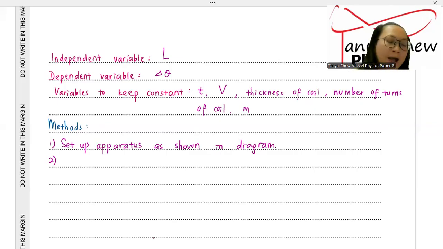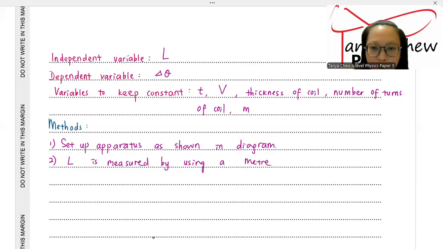How are we going to measure L? I put L because L has already been explained in the question itself, so I don't have to rewrite it. Save the time. L is measured by using a meter rule. I use a meter rule to measure L.